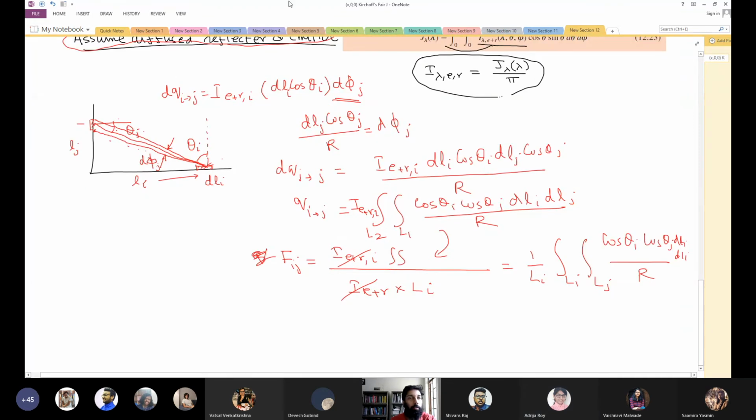So let us integrate it. R equals the square root of small Li square plus Lj square. Okay. And what is cos theta i times cos theta j in terms of Li, Lj?